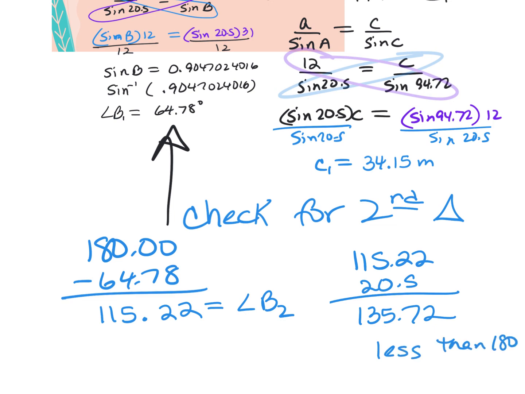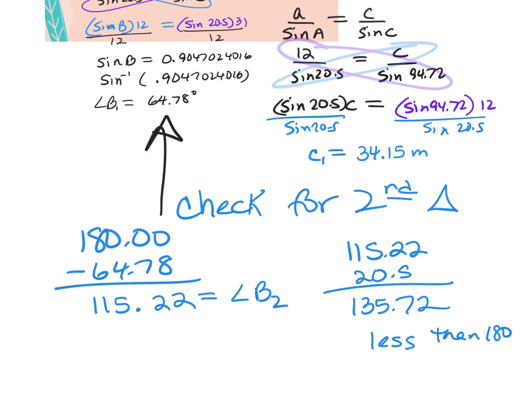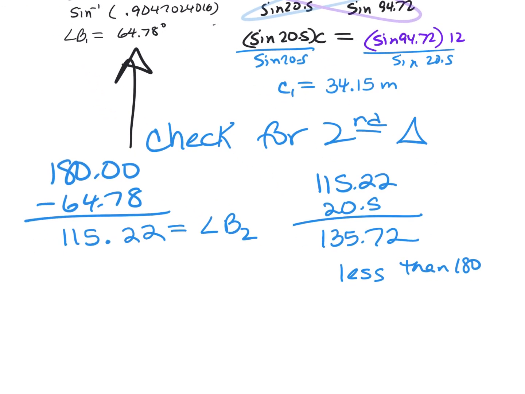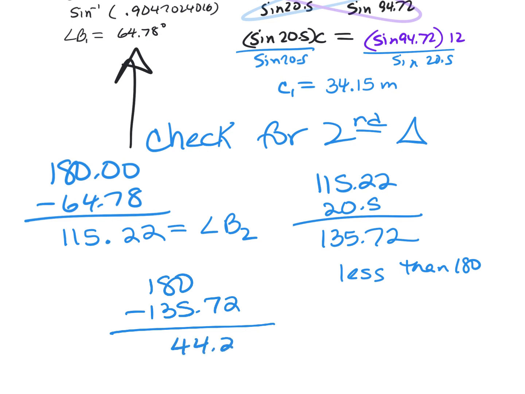So this tells me there's room to get the third angle. So to get the third angle now, I take 180 minus the 135.72, and that's going to give me my second angle C. So 44.28 is going to be angle C of the second triangle.